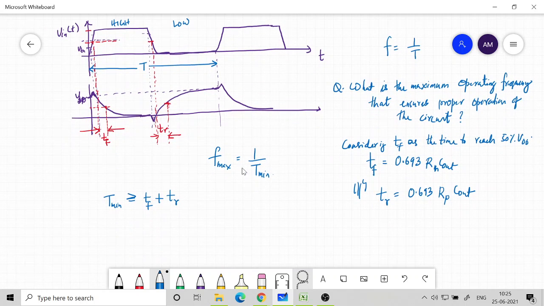If we put those values here, this is 0.693, then Rn plus Rp into C out. So this is going to be the T minimum, where I did not include any rise time and fall time for the input.